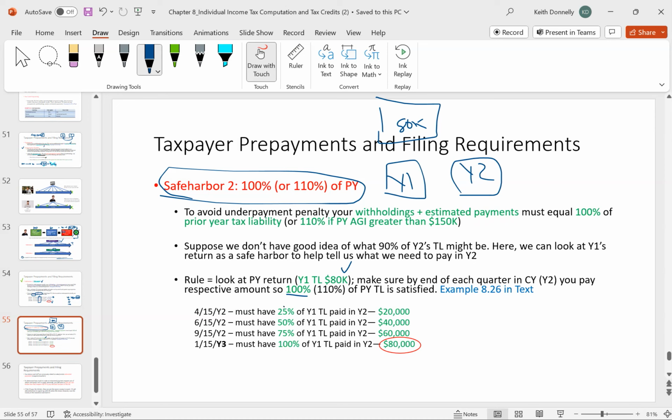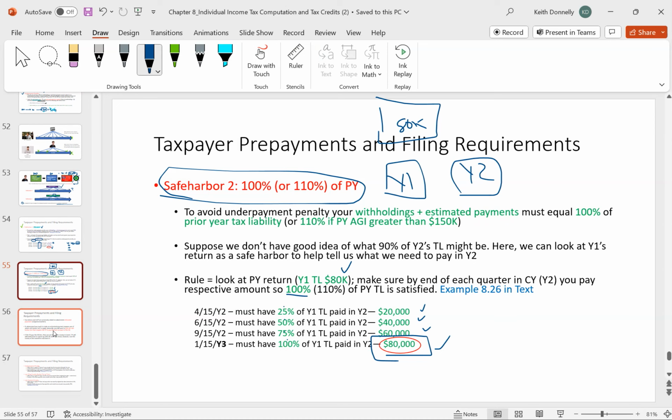Because it's 100%, we can use 25, 50, 75, 100. We have to have that 80,000 in the system by the end of the year. But you don't just pay it at the end of the year. Under the standards, you have to have 20, 40, 60, 80 in by the end of each quarter, namely 25%, 50%, 75%, or 100% of that prior year tax liability.